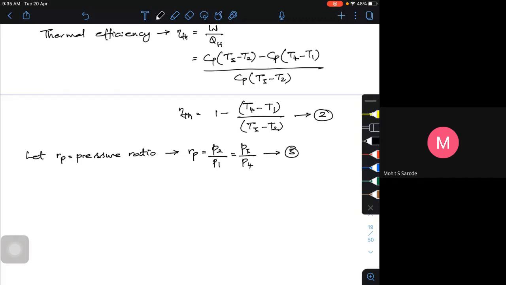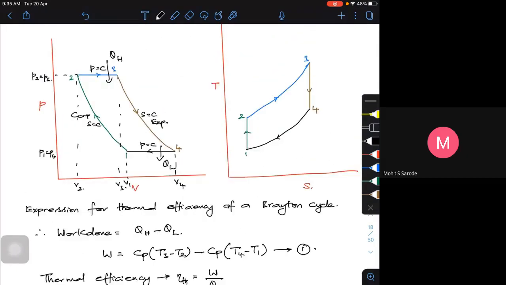Now consider the process 1 to 2. What type of process is it? 1 to 2 is an isentropic process. We know that for an isentropic process, T2 by T1 is equal to (V1 by V2) to the power of gamma minus 1.